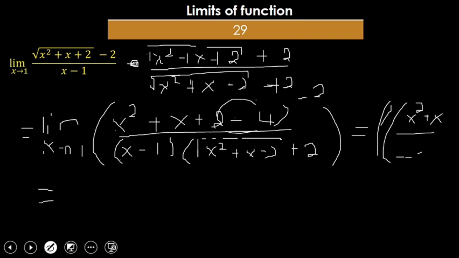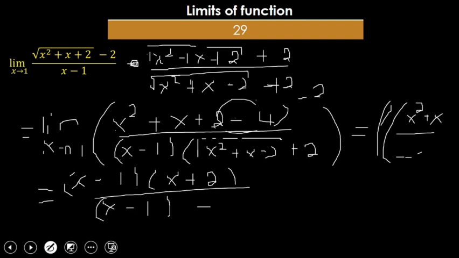You have (x minus 1)(x plus 2), that is x squared plus 2x minus x minus 2. Okay, that is the answer. All over x minus 1 times this, and this and this will cancel. You have x plus 2 all over this.